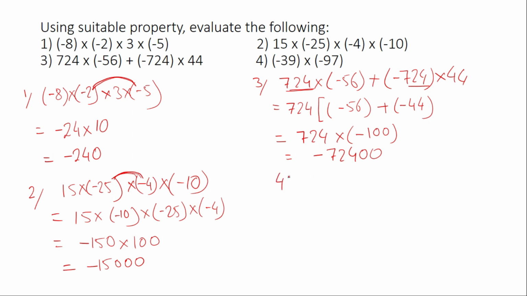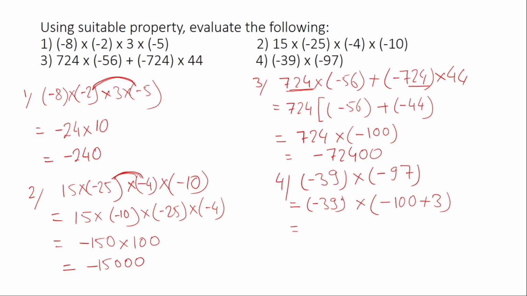Number 4. Minus 39 into minus 97. So in this question the property that we are going to use is distributive property. We can write it as minus 100 plus 3. So we will multiply minus 39 to minus 100 first, like minus 39 into minus 100 plus minus 39 into 3.